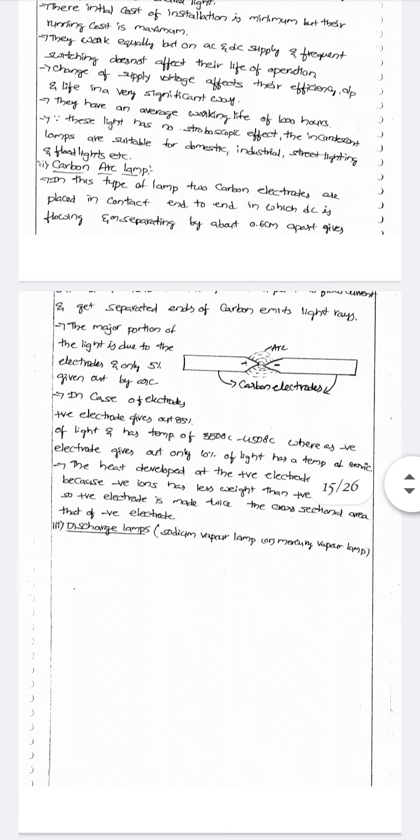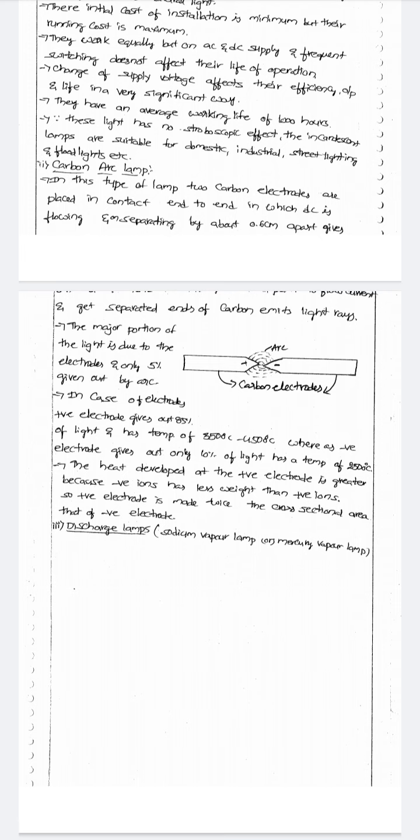Now see the picture. There are two electrodes, one positive and one negative, kept at a separated distance of 0.6 centimeters, and between them the arc is produced.